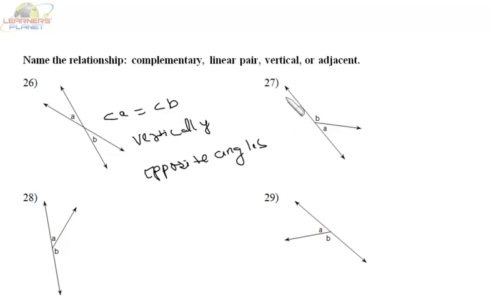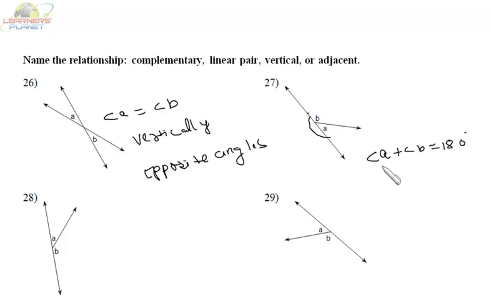Here we see this line and this line are intersecting, angles B and A. We have to find out their relationship. Now this is a straight line, that means this complete angle will be 180 degrees. So if this complete angle is 180 degrees, that means the sum of angle A and B will be 180 degrees.